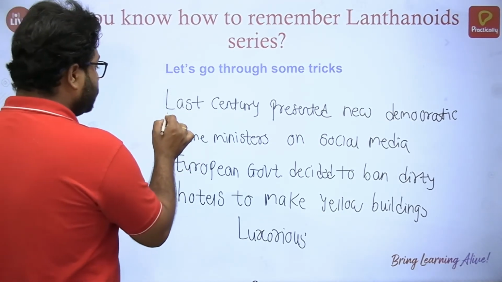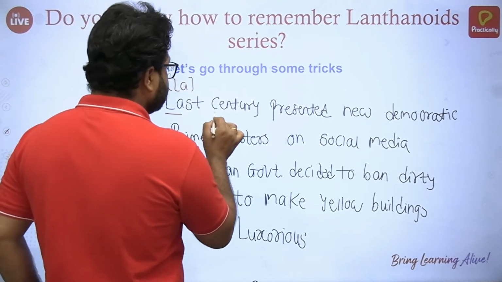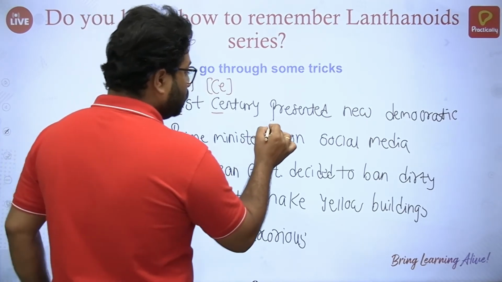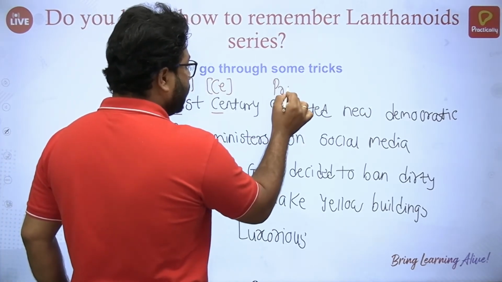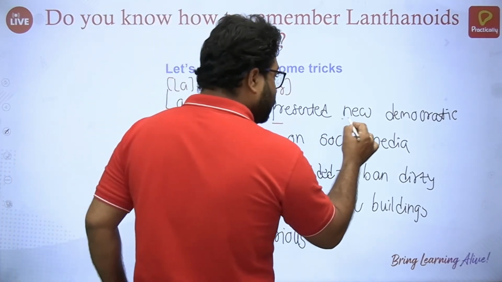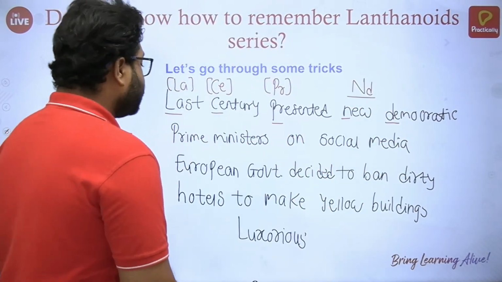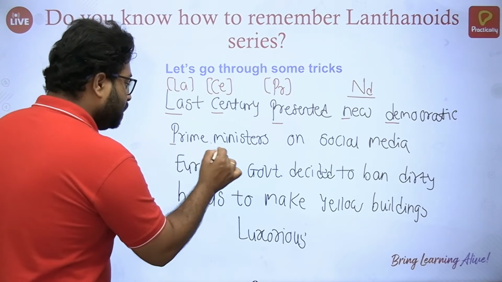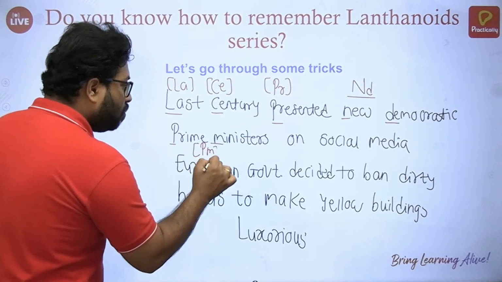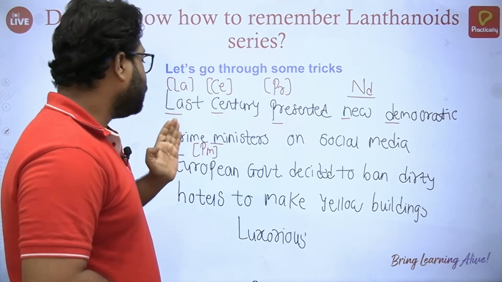For example, first is lanthanum, last century, CE, cerium, then PR, praseodymium, right? Then new democratic, ND, neodymium. After that, prime minister, PM, promethium. Lanthanum, cerium, praseodymium, neodymium, promethium.